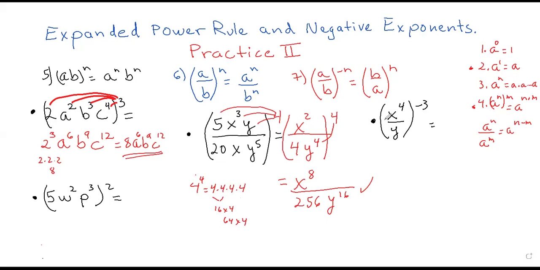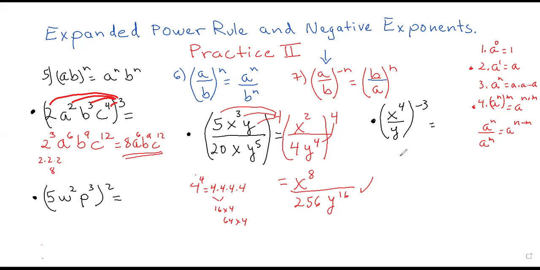For the example that I have here, okay, we have a negative exponent. When I have a negative exponent, then I can flip. What's in the denominator will be in the numerator, and what is in the numerator goes to the denominator raised to a positive exponent. Let's do that.